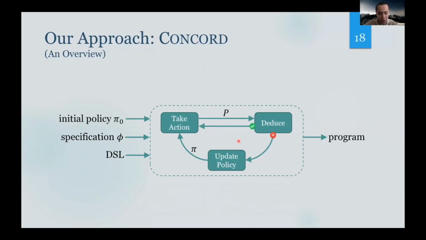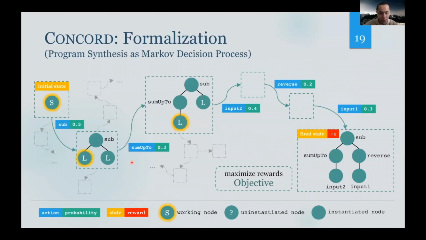So to understand the core part, I will first do a very brief introduction to the formalization. Think of a finite state machine where every state represents a program that is either partial or complete. We start at the initial state, which corresponds to a hole that represents all possible programs, and transit to another state by picking a production rule, with a certain probability, to expand the current program to make it more complete.